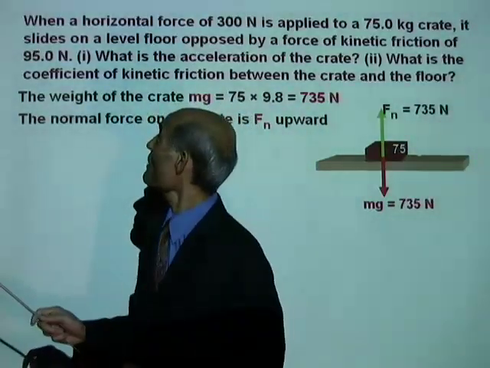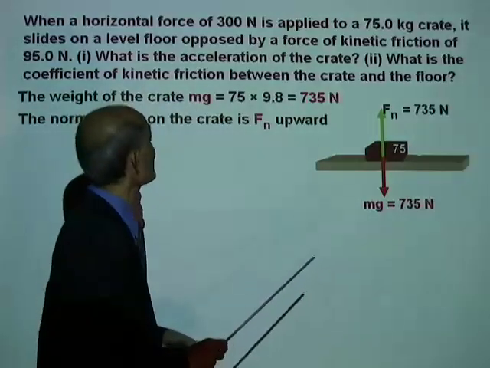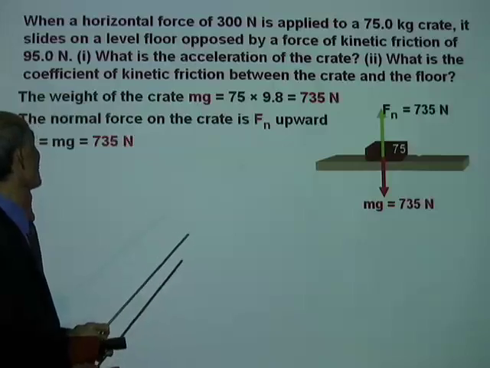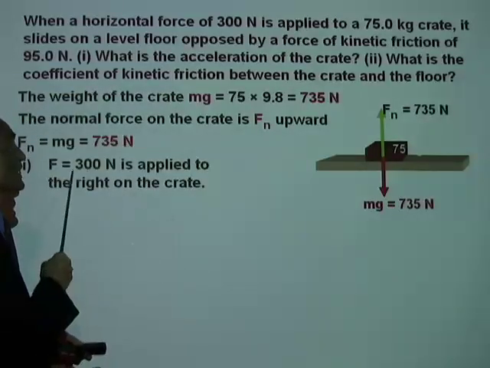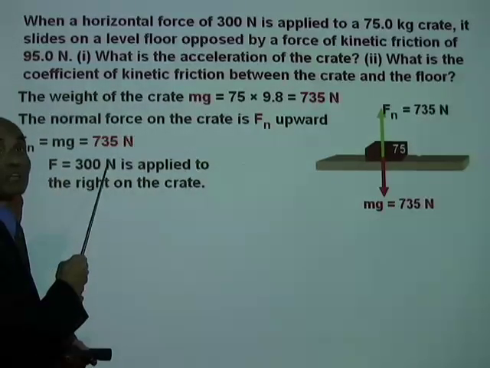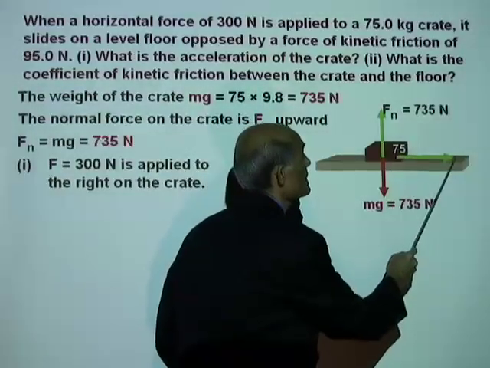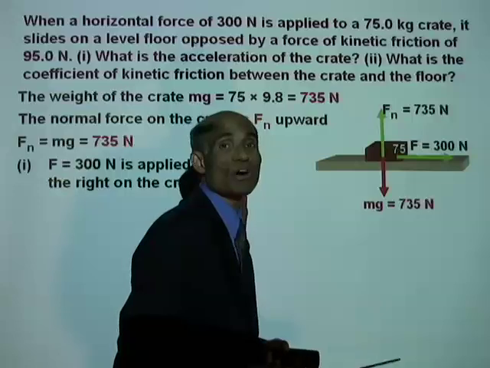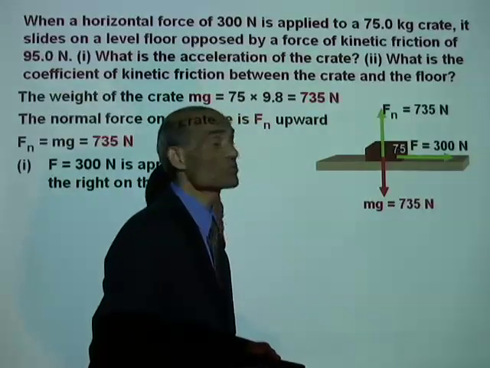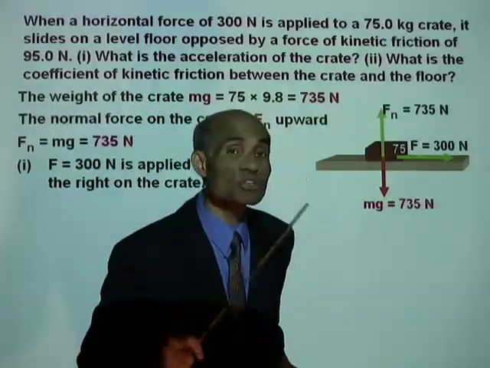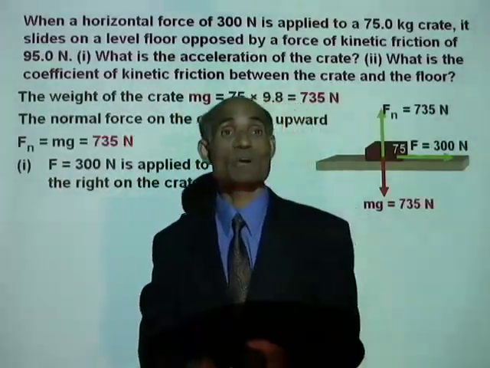Alright, what are the other forces acting on the crate? So Fn equal to 735 Newton. A force F equal to 300 Newton is applied to the right. And now you have a frictional force between the crate and the floor.